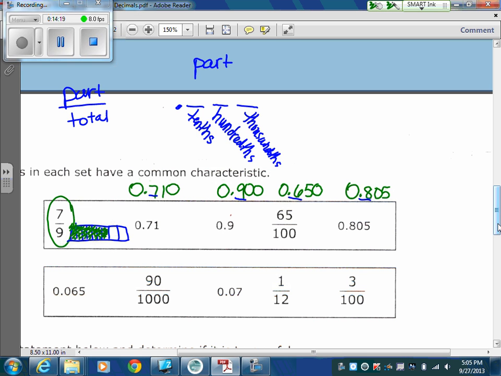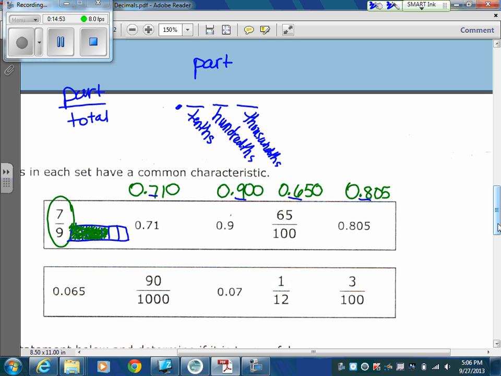Is that going to be closer to a whole colored in, or closer to nothing colored in? That's going to be closer to a whole, so we can make a prediction that 7/9 is going to be somewhere along these numbers where we have a 7, 9, 6, 8 in the tenths place. It's reasonable to assume that the number in the tenths place for 7/9 is going to be definitely higher than 5.